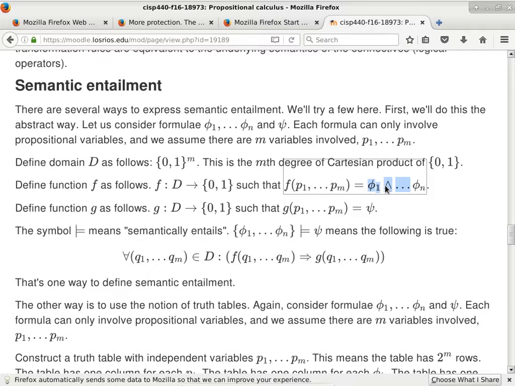Since we know what phi1 and phi2 are, we just expand them. Phi1 is p implies q. That's how we define phi1. And then phi2 is just p all by itself, which is fine. There's no problem with having a function that is just a single variable. Are we doing okay so far with the definition of f as a function?